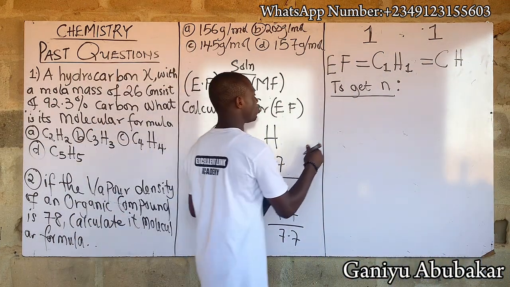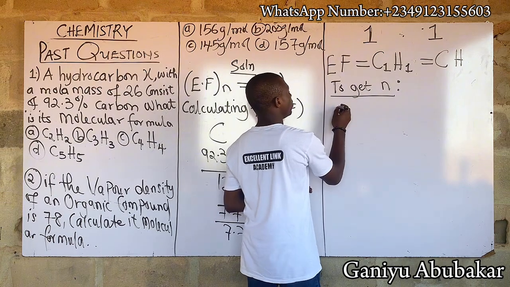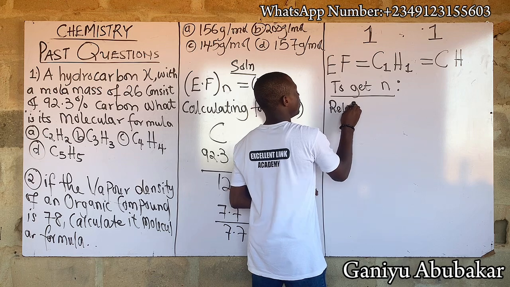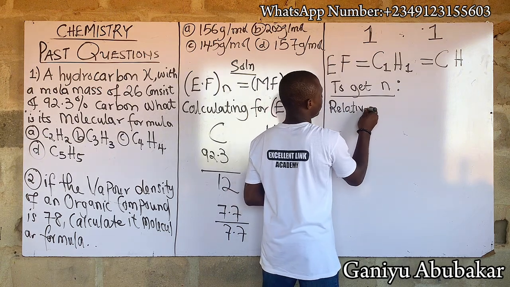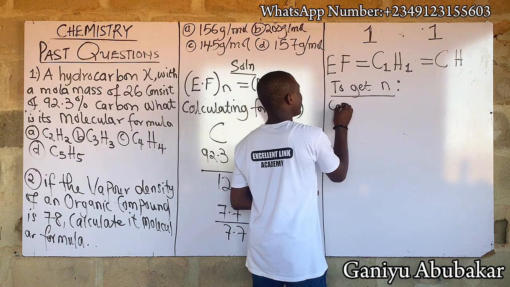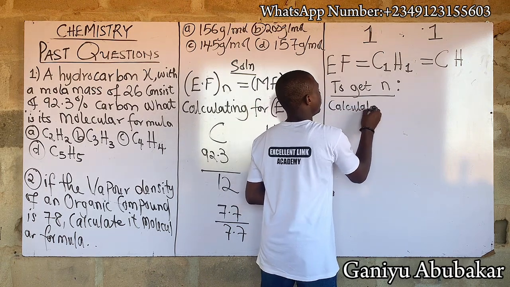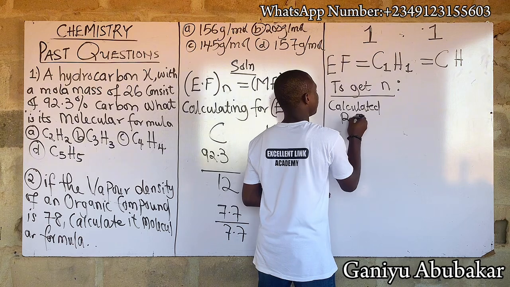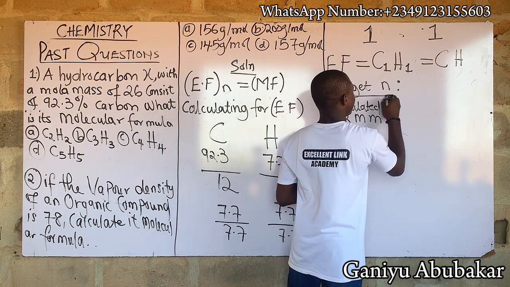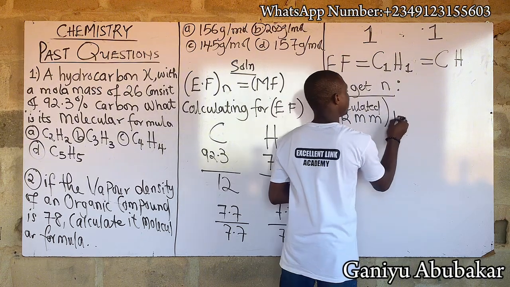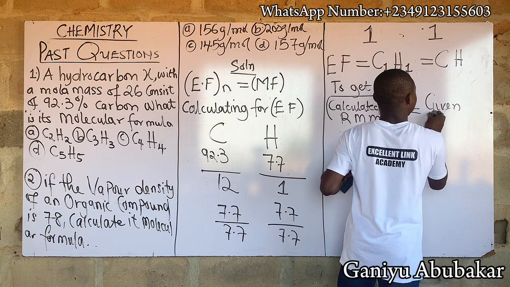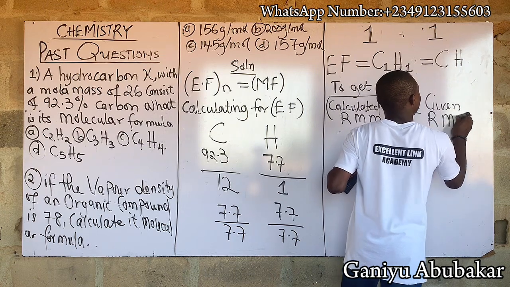So what I'm saying is that to get n, the calculated relative molecular mass times n is equal to the given relative molecular mass.